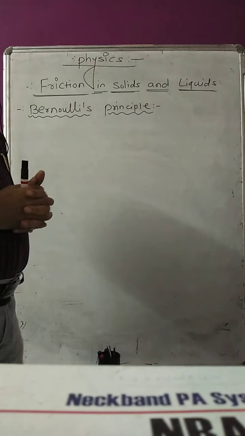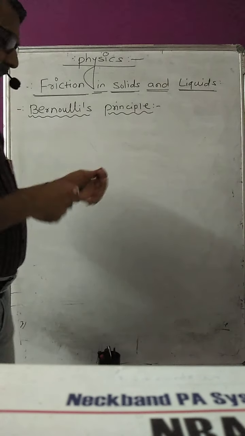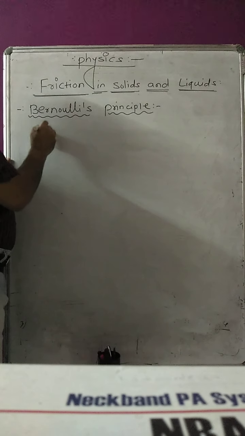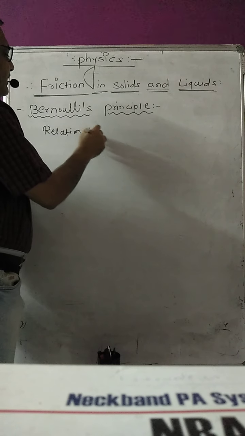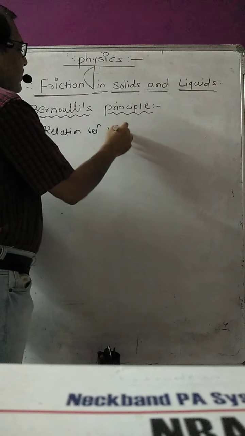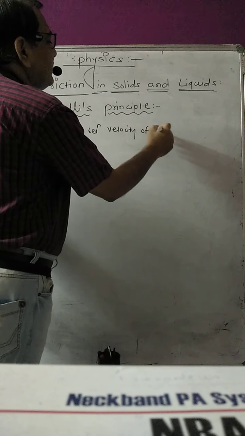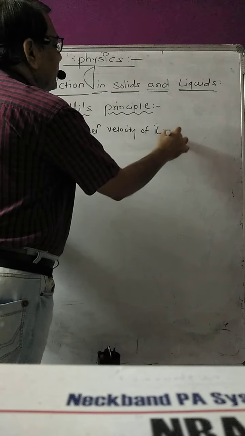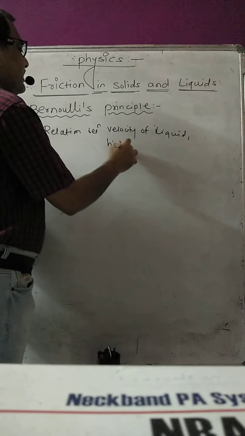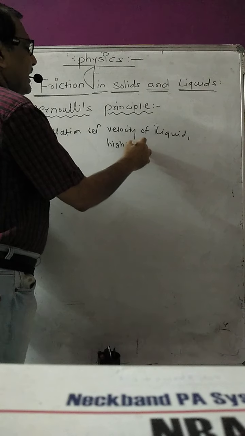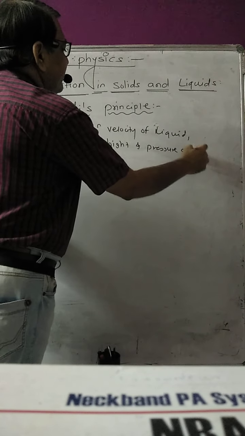Bernoulli is a physicist, and he has given a relation between the velocity of a fluid or liquid, height and pressure of the liquid.